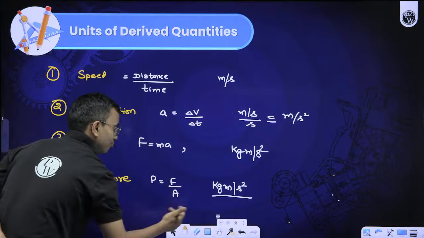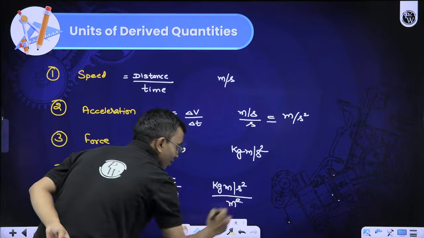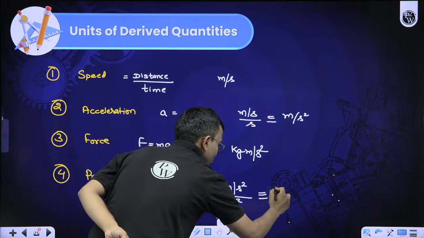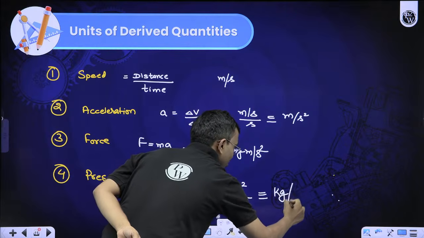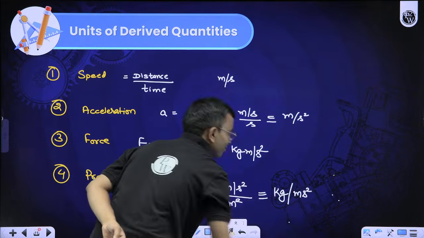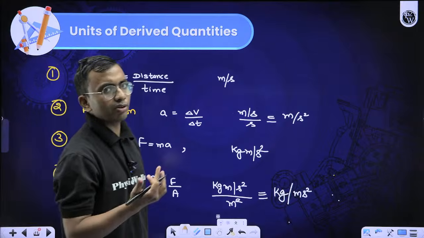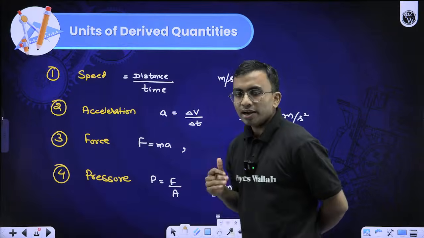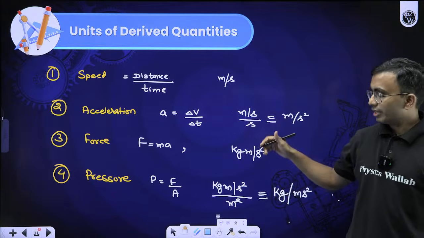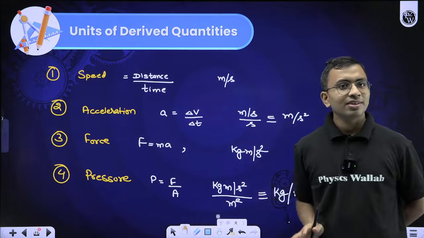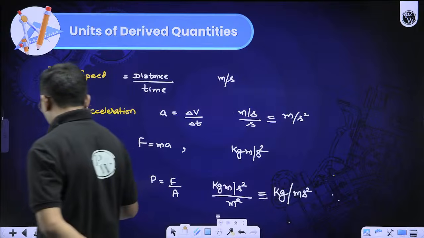For area, meter square. From here I got the unit to be kg per meter second square. So like that, for any physical quantity, you should be able to write its unit by writing the relation. Okay, some examples I took.